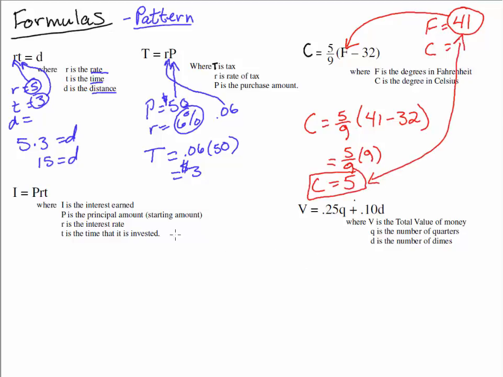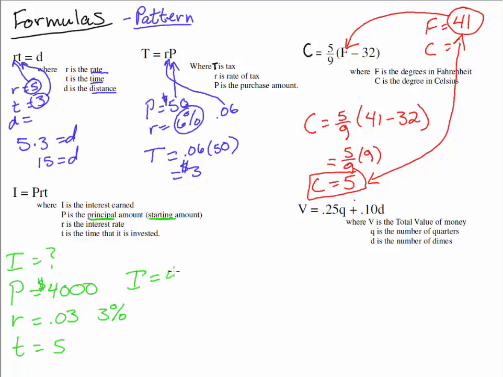Isn't that pretty slick? Simple interest formula right here. They say, how much interest do I get? That's a question mark. If my principal amount, which is the starting amount, is $4,000, and it's on simple interest, which interest rate is, say, 3%, 0.03, or they might write it as 3%, and the time is 5 years. And so we stick these in.